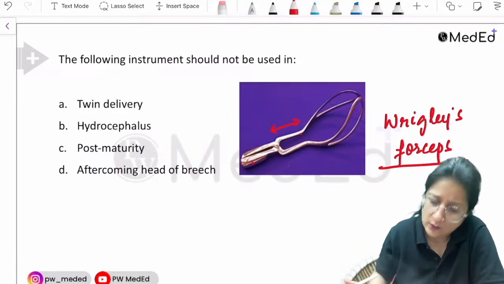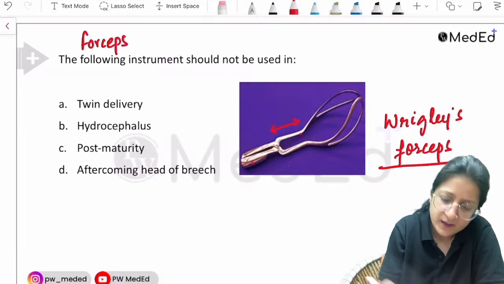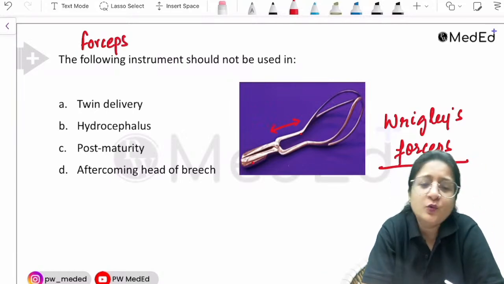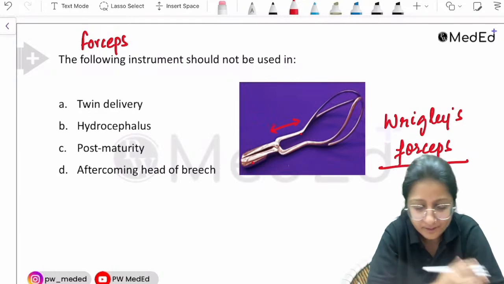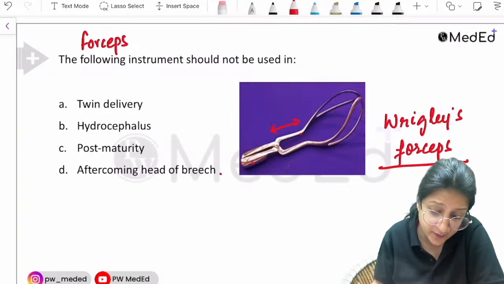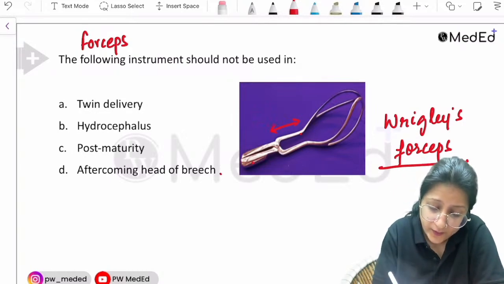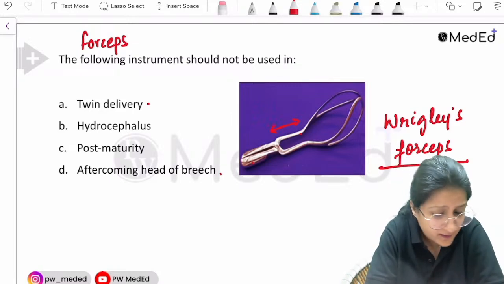The question could also be without an image. The question could be, forceps should not be used in what? Tell me now. They can be used in after coming head of breech, yes. Twin delivery: can forceps be used in twin delivery?